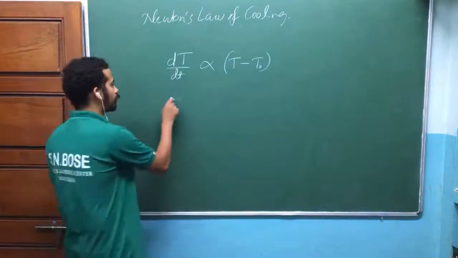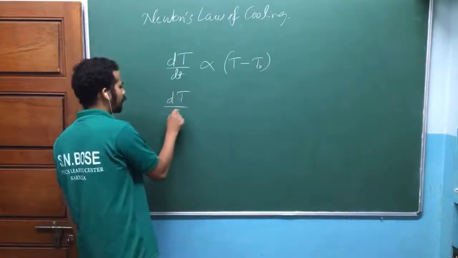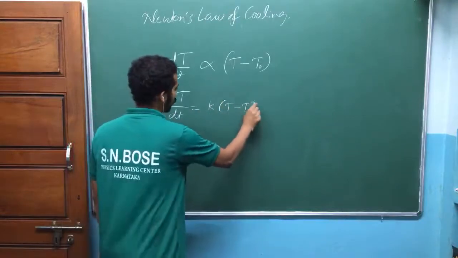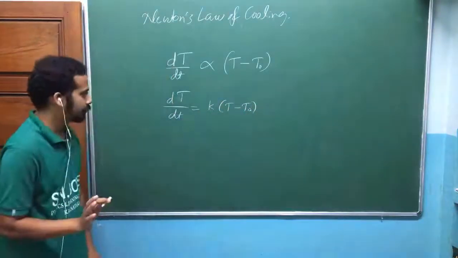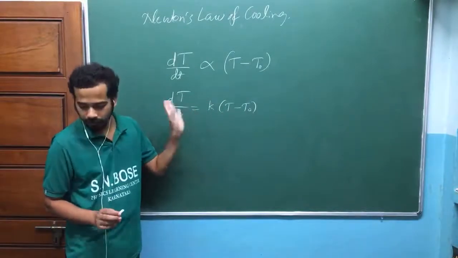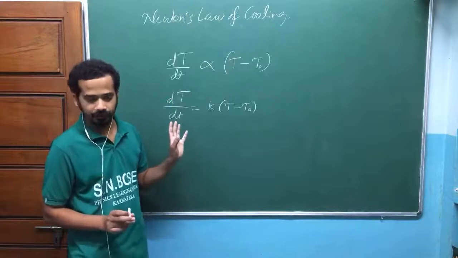Now look here. Let me do some trial and error. You should put some k into T minus T naught. Wait a second. I will take k positive, but whether to take one more negative sign or not, that is the confusion. Now look here.